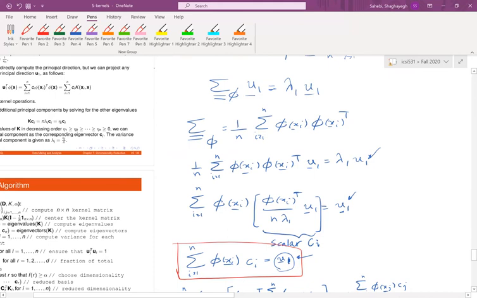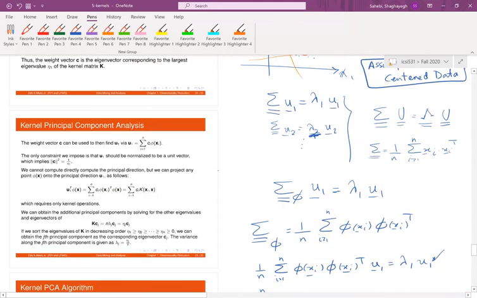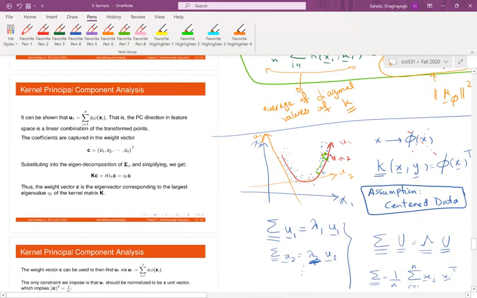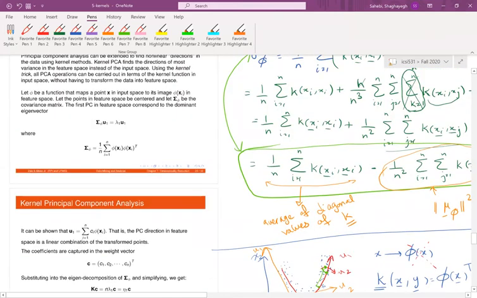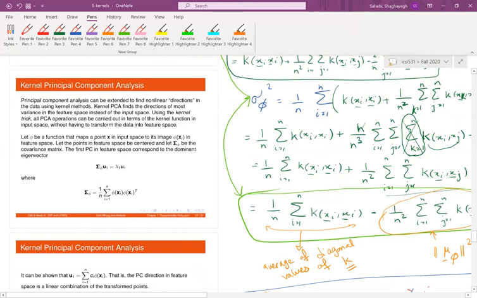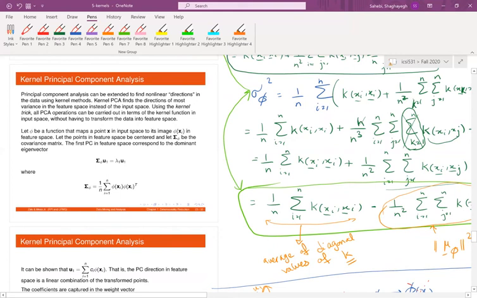All right. So what we have learned so far is this. Let's go over it once more. We wanted to do kernel PCA, so we rewrote the PCA equation based on the covariance matrix of our data in the feature space.